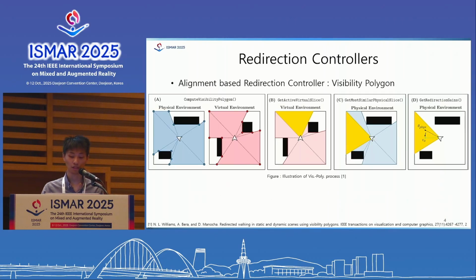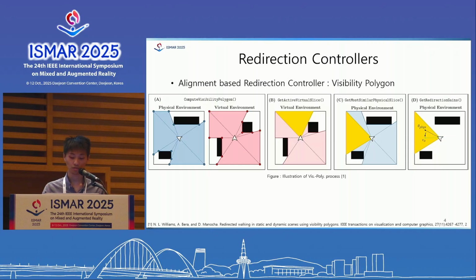Now that we have looked at alignment-based controllers in general, let me dive deeper into two representative approaches, the visibility polygon and the alignment optimizer. For a visibility polygon controller, the first step is to compute the visibility polygons for both the physical and virtual environments, and then divide them into slices based on the layout.